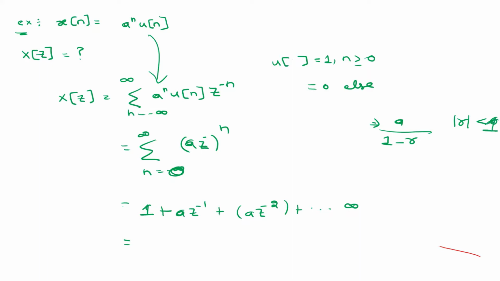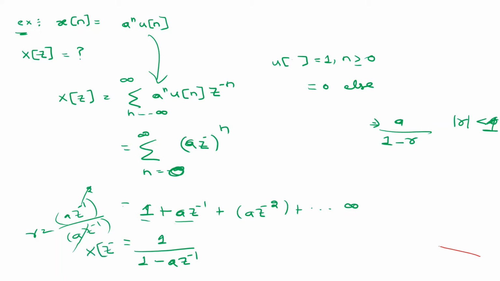This is the condition we have. Here a is the first term, that is 1, so 1 by 1 minus r, and r is the common ratio, the second term divided by the first: a z power minus 1. So you will get 1 by 1 minus a z power minus 1. This is our Z transform, and this is our answer.